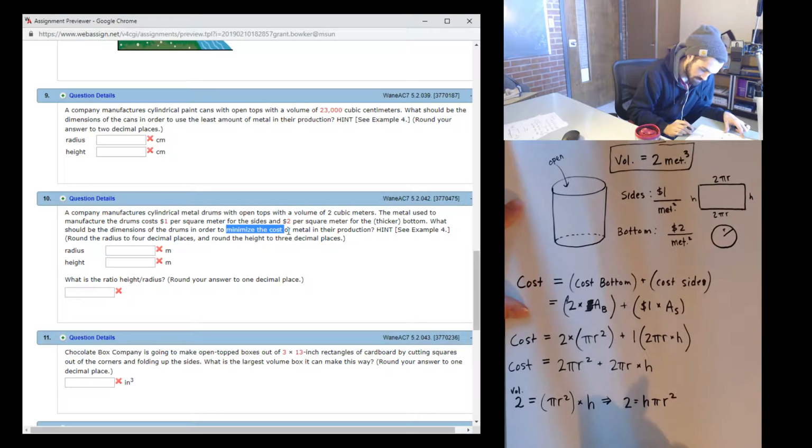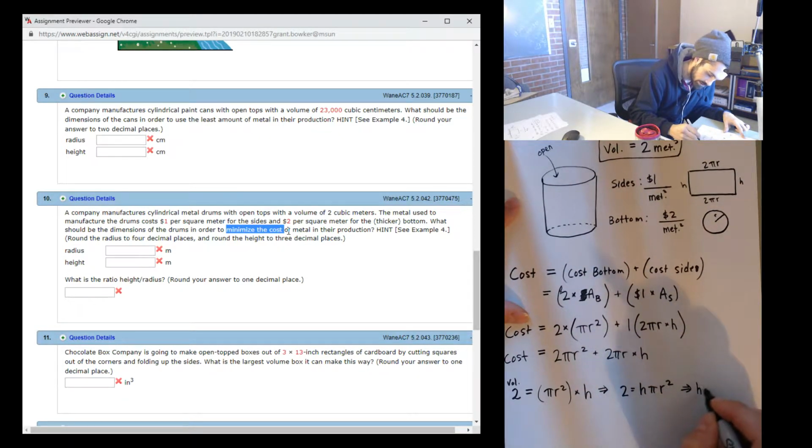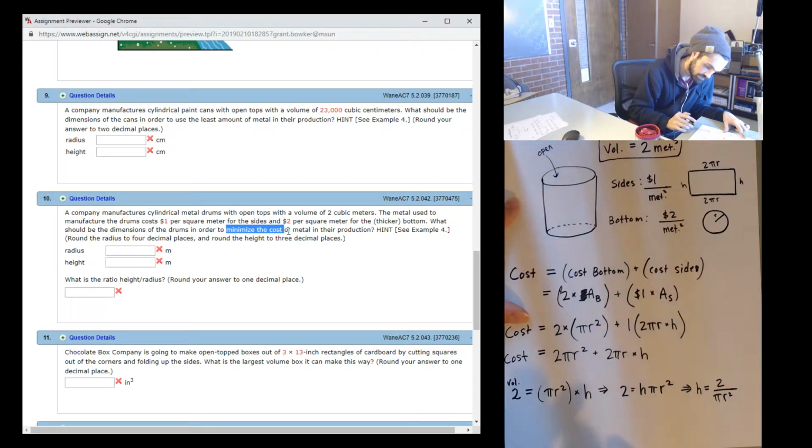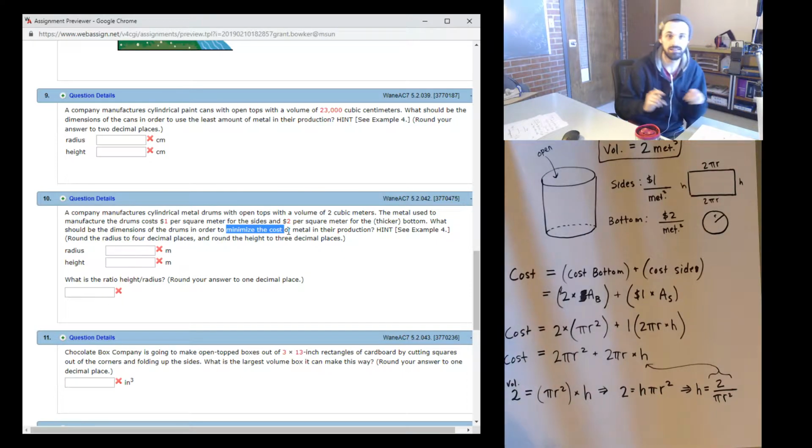It seems easiest to solve this in terms of h and then use that back in here, because in my cost equation I only see h pop up once, and so it'd be easiest if I could simply rewrite this one h instead of rewriting both of these r's. So I get h is 2 divided by pi r squared, and this is what I'll substitute back in for h.